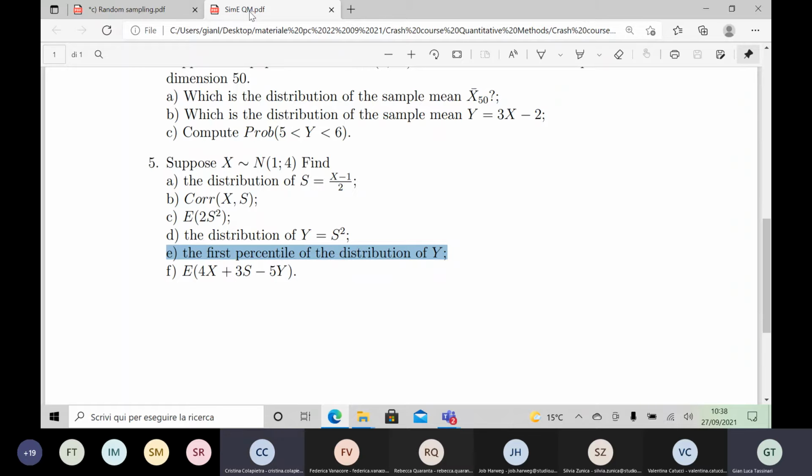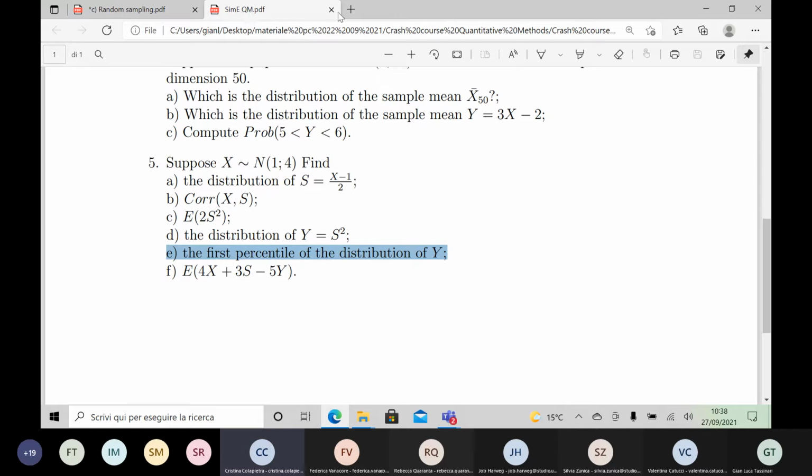My last question is about a formula you gave us, the properties of the variance. I don't know how to demonstrate it.